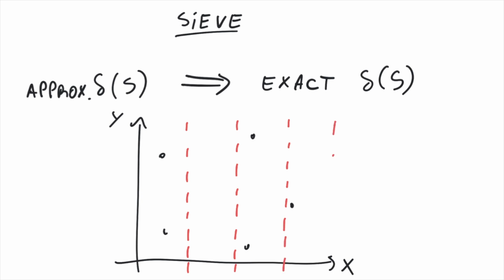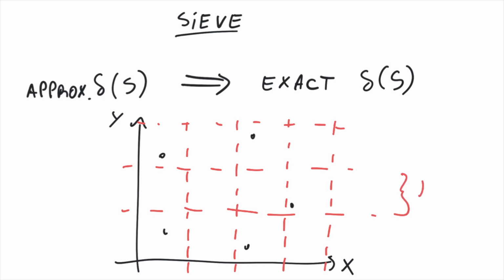So we have many cells both in the x and the y direction. So we have these squares that partition our set of points into smaller groups. This is L, the side of the boxes that I'm creating.